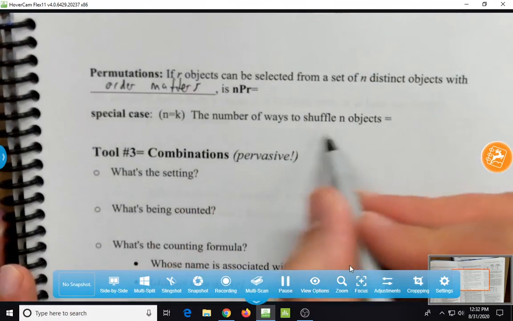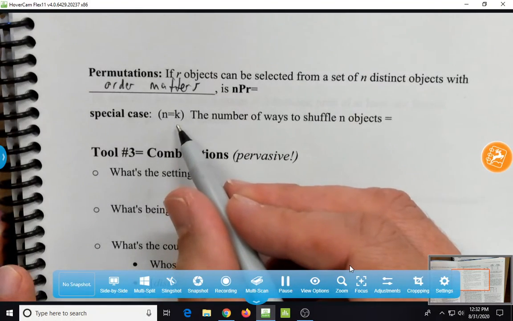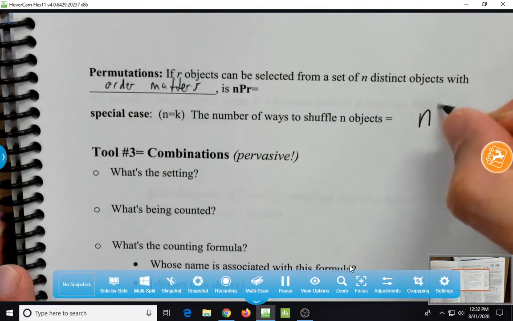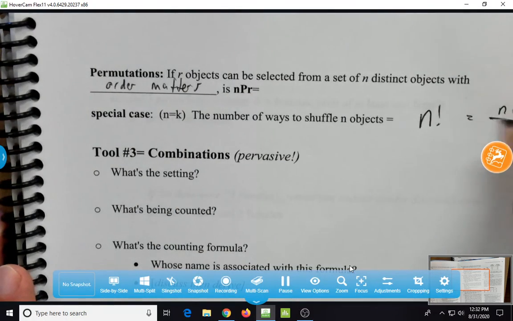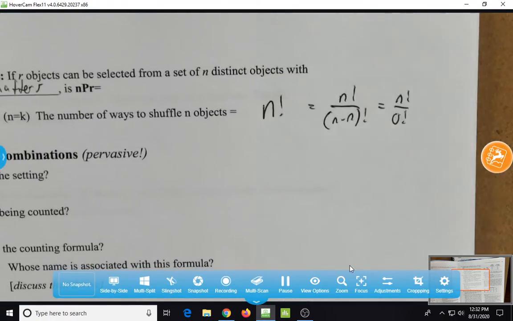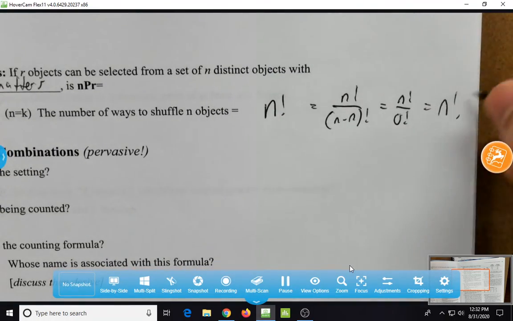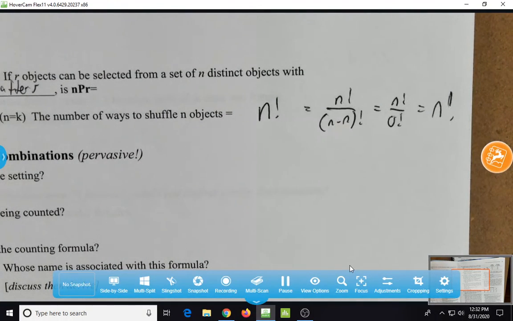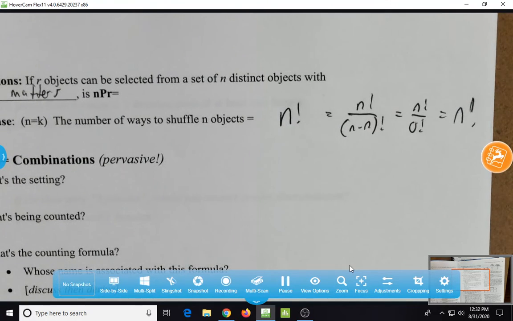So now the special case is that if n is equal to r, then this is equal to n factorial over n minus n factorial, or n factorial over 0 factorial. And that's another reason why we want 0 factorial to be 1, so we can get n factorial. So this is my nPn, and that's where I get the n factorial part coming from.